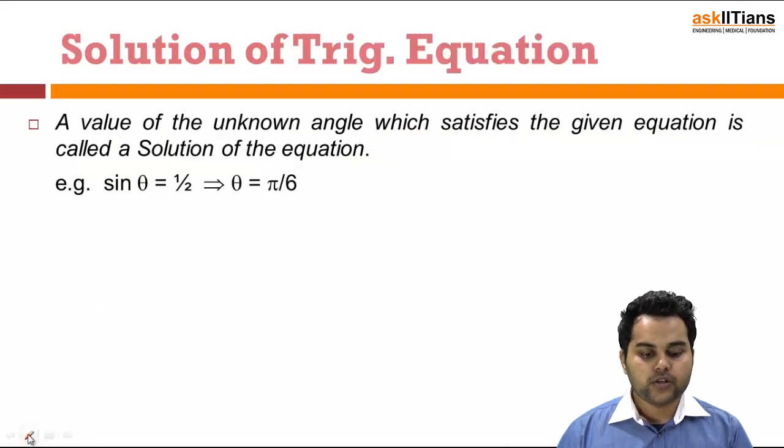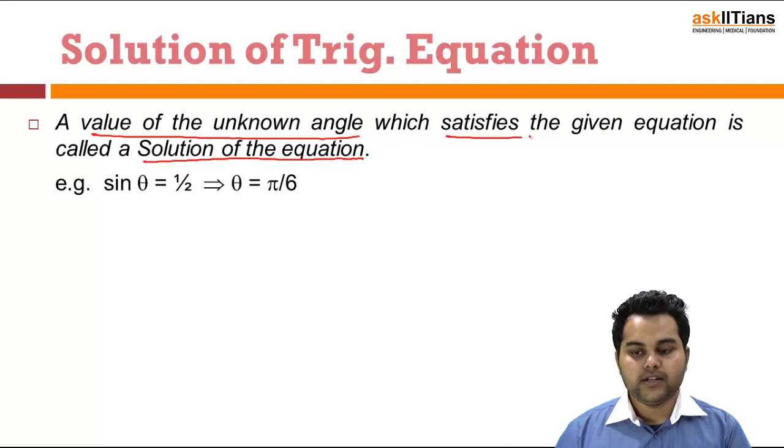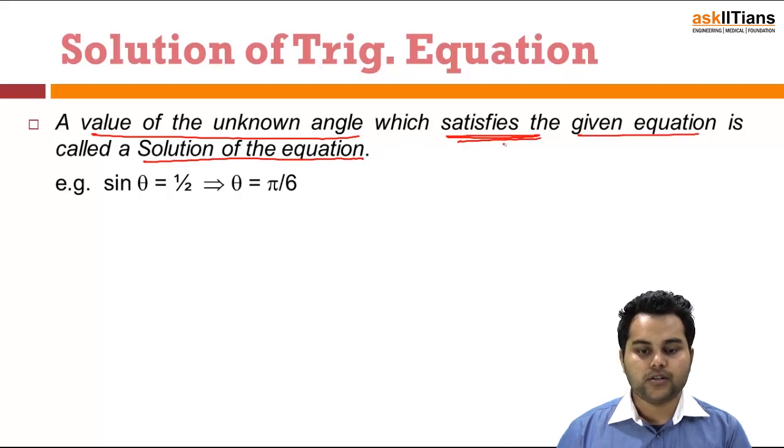Now, the solution to trigonometric equations. We just discussed an example where you were supposed to find the angle with which you were flying the kite with respect to the horizontal, and you found it using the two sides. So the value of an unknown angle which satisfies the given equation is the solution of the equation.